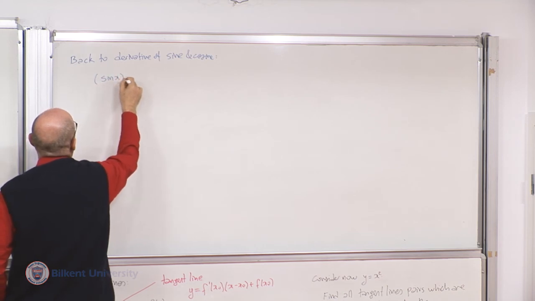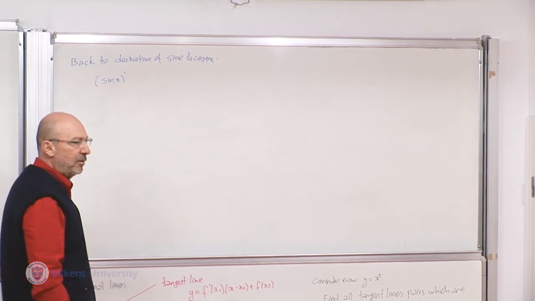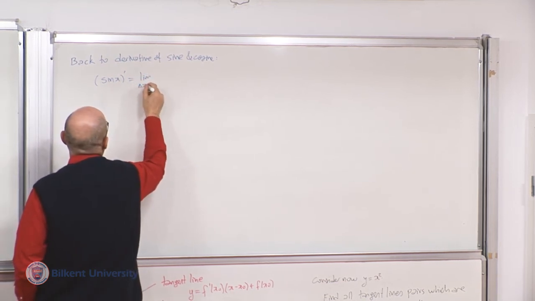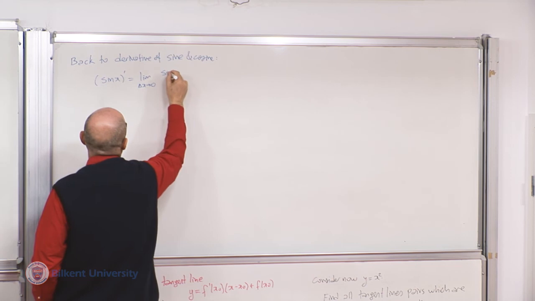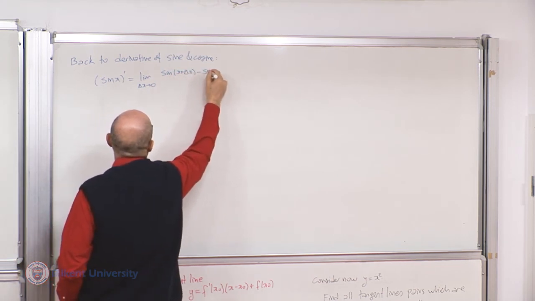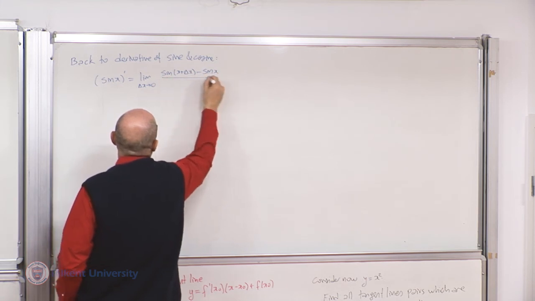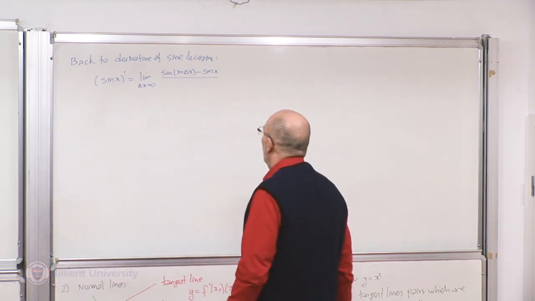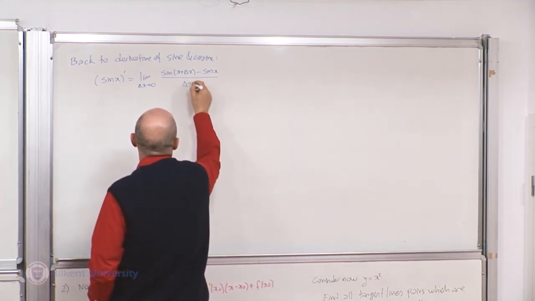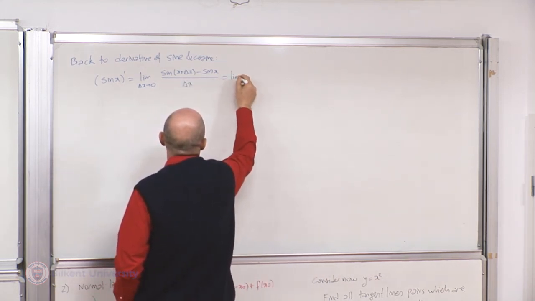Now we have more information. I want to calculate the derivative of this. This is the limit as delta x goes to 0 of sine of x plus delta x minus sine x over delta x. So I use addition formulas.